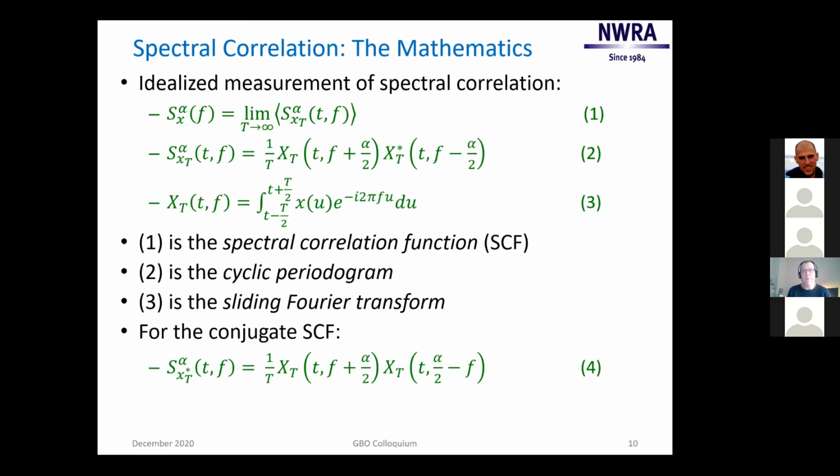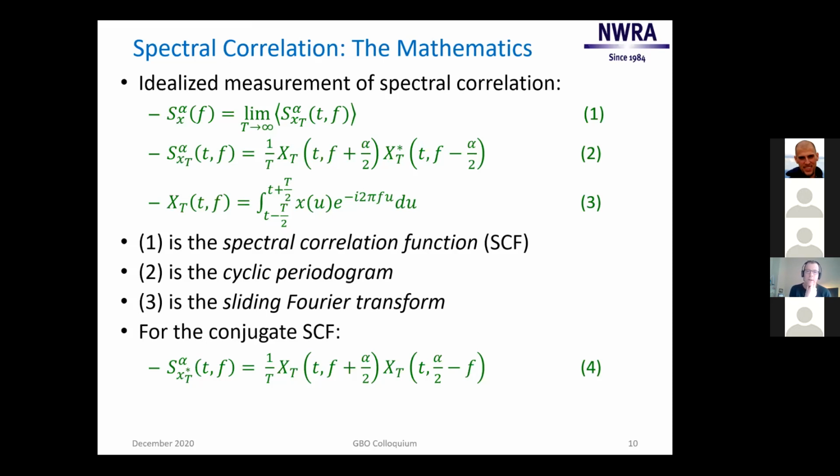So starting with equation 3, you can see that's just a sliding Fourier transform of some data X. We're sliding it along, passing a window with width capital T along some data, and we're looking at the Fourier transform at frequency F in equation 3. Then we take two of those at two different frequencies, F plus alpha over 2 and F minus alpha over 2 in equation 2.